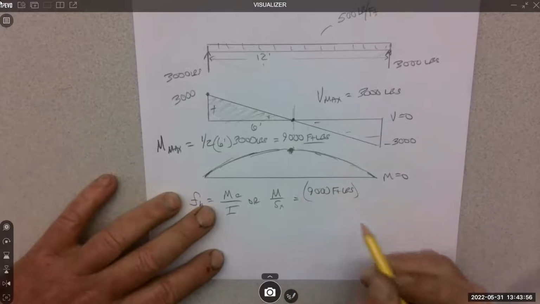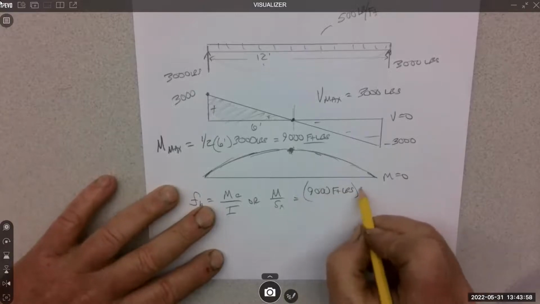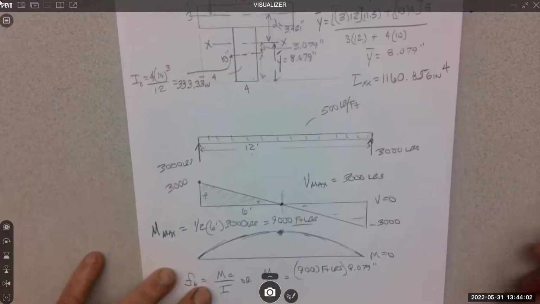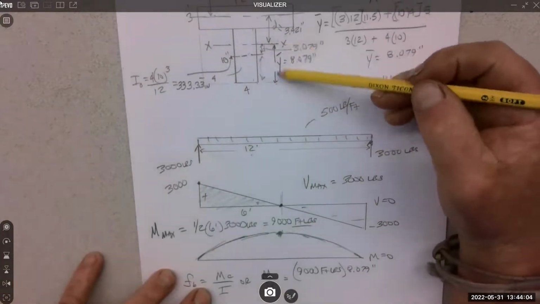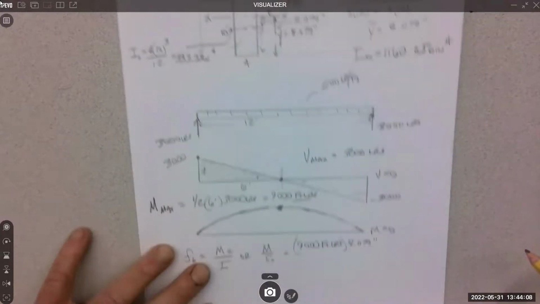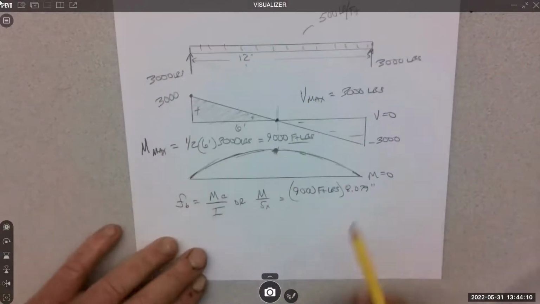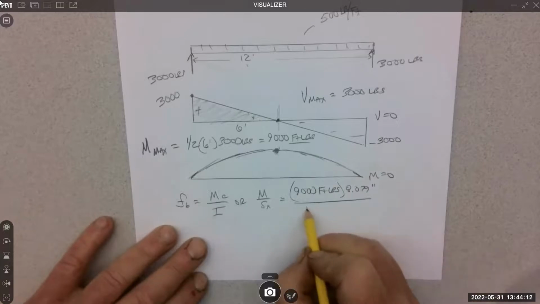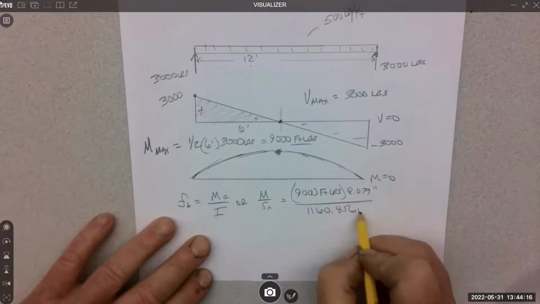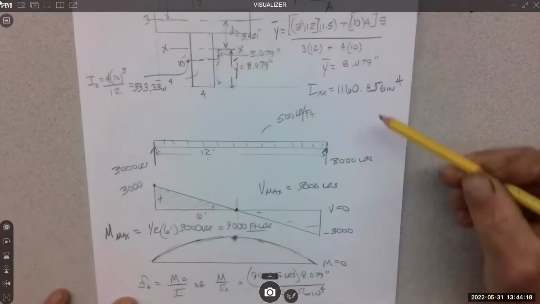Our C value we determined was 8.079 inches, and that was from this Y bar, the bigger distance. And then I, which we got at 1160.856 inches to the fourth. That's this guy.